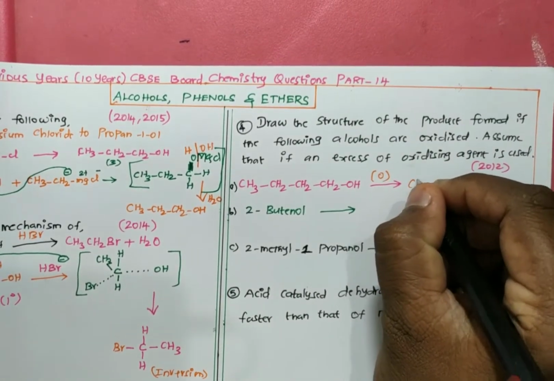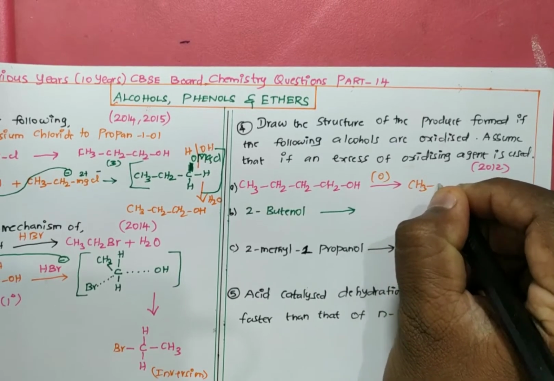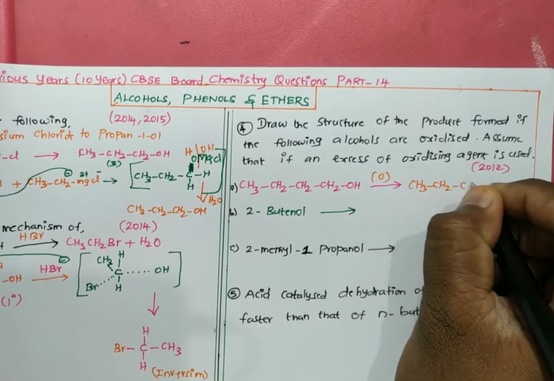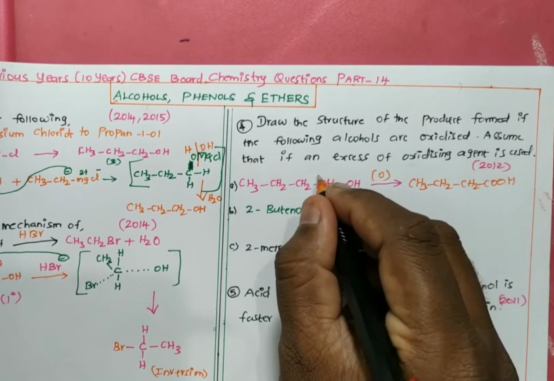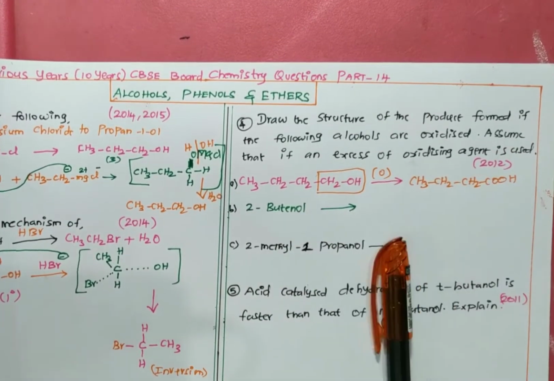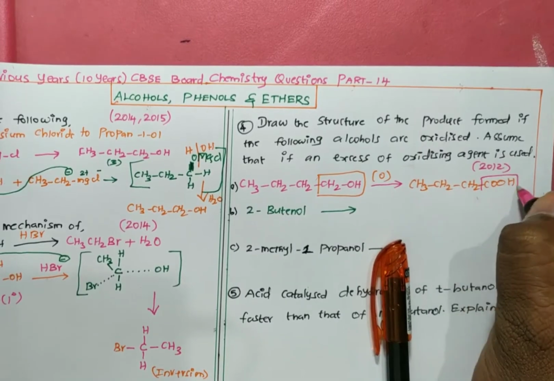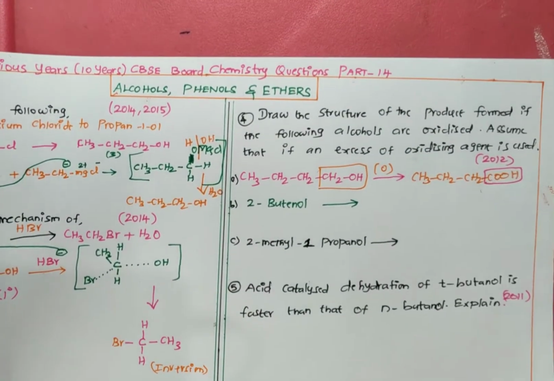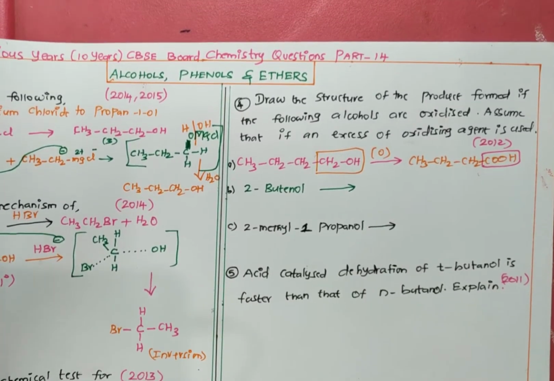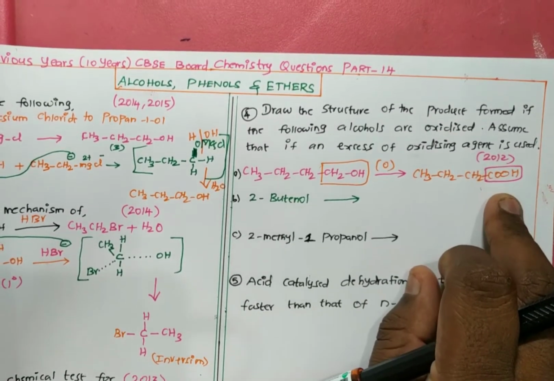By that way I will be getting a product CH3CH2CH2COOH. So here this CH2OH will be converted into COOH in the presence of an oxidizing agent. If an excess amount of oxidizing agent is taken, the ultimate product will be an acid.